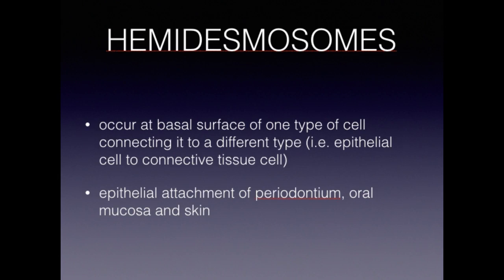And it forms a firm adhesion of one tissue type to the other. So we see this in tissues that are prone to disruption, like our skin. And so we're firmly attached to the underlying connective tissue, the oral mucosa, the esophagus, vagina. In our oral cavity, again, the sulcus, or the epithelial attachment to the tooth surface, is stuck to the tooth through these hemidesmosomes.